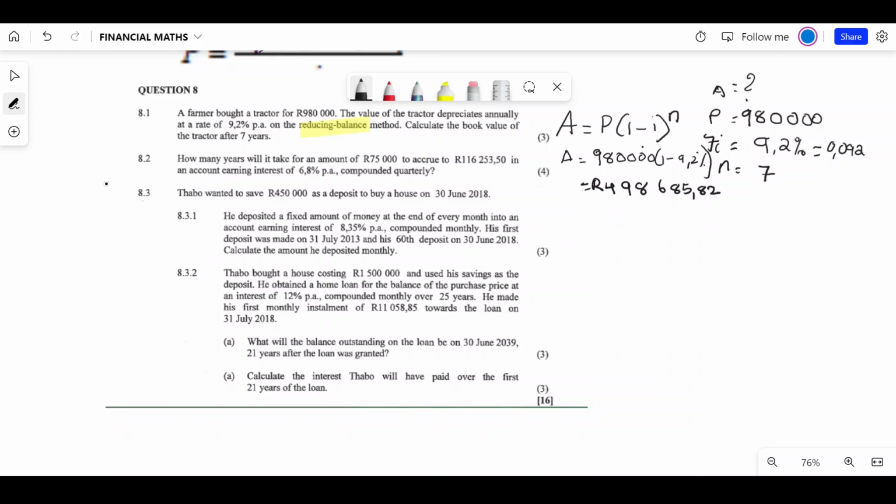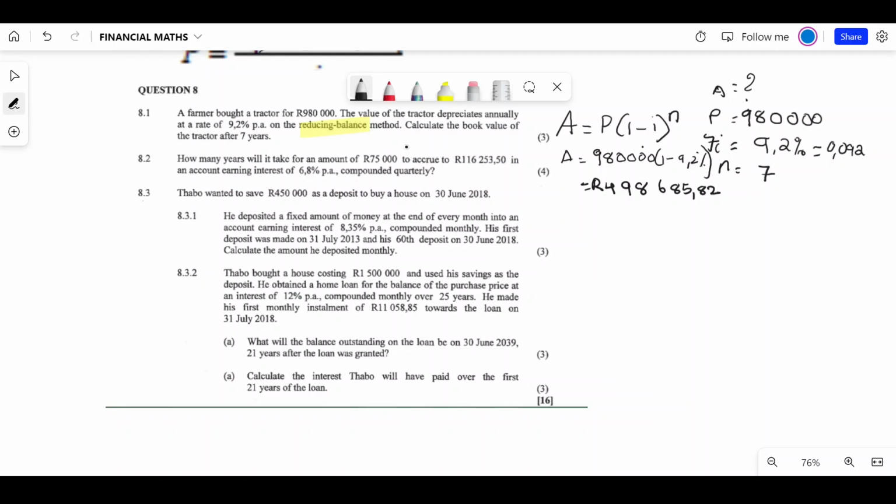Let's go to 8.2. How many years will it take for an amount of 75,000 to accrue to 116,253.50 in an account earning interest of 6.8% per annum compounded quarterly? So this word simply means accumulate.